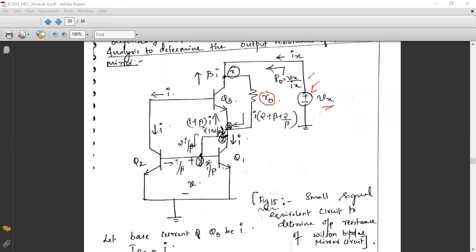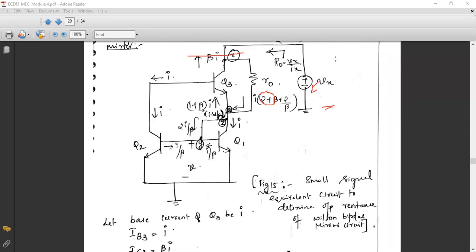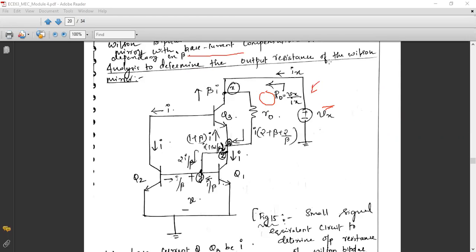And from this voltage source, we have a current Ix. If you can find the ratio between Vx and Ix, that is nothing but your capital R0. Clear, students? Our objective is to determine the output resistance of the Wilson's bipolar current mirror circuit.